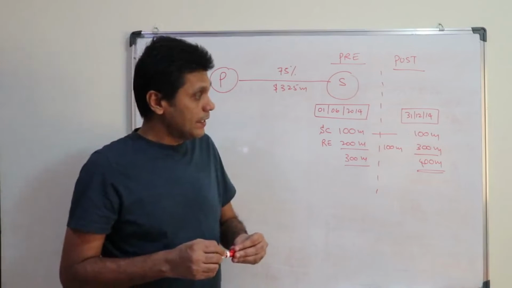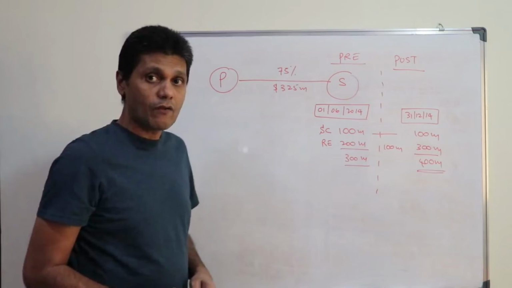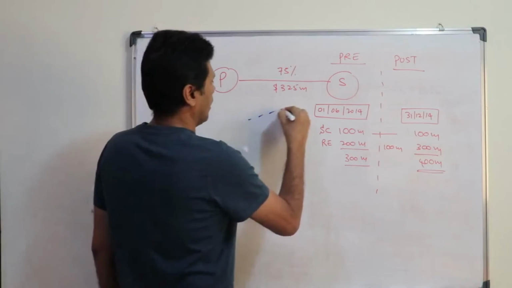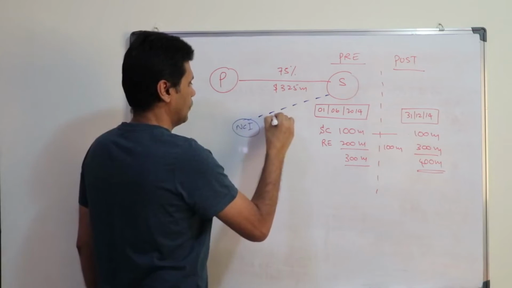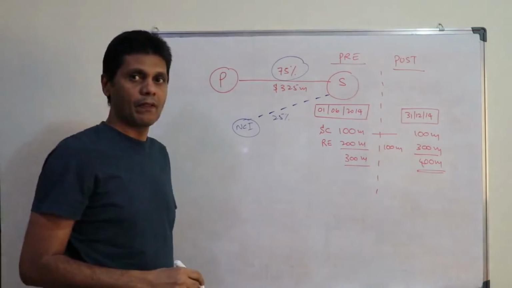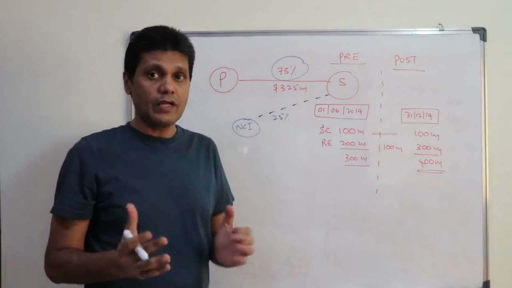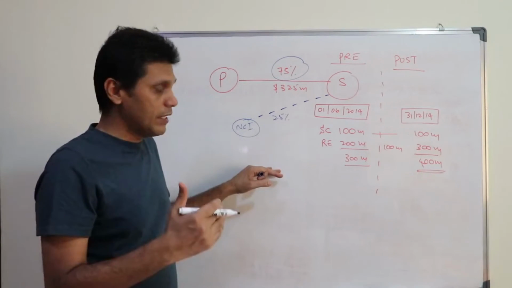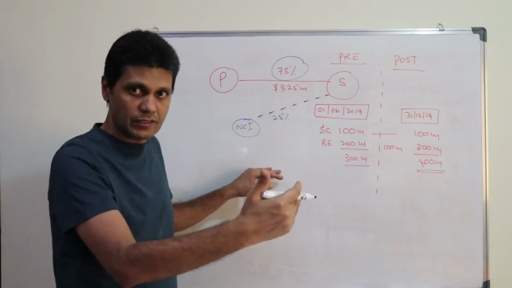Now you need to calculate the non-controlling interest. The non-controlling interest will be 25%, so 75% is acquired by the parent company. As I told you, there are two methods where you can calculate. The first method is where you calculate the non-controlling interest at the time of acquisition.